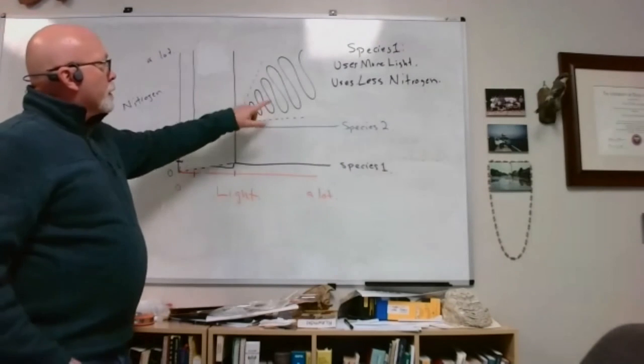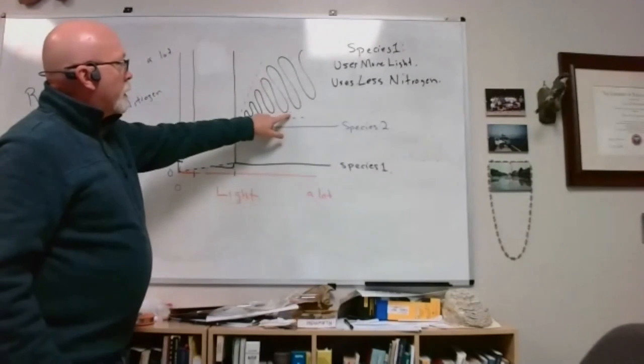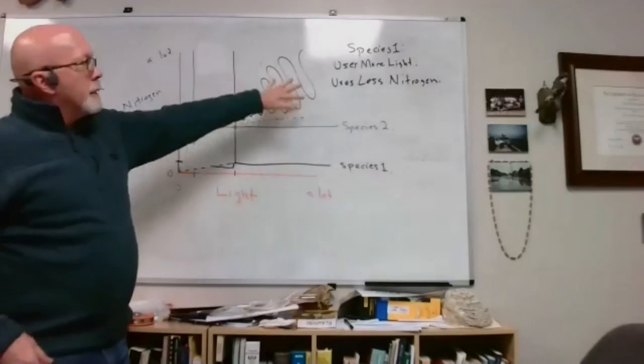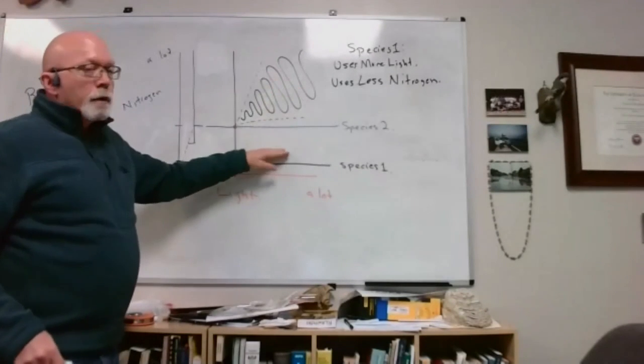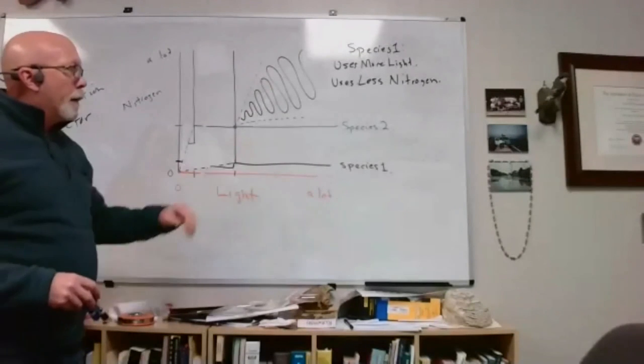Species 2 can coexist when there's more nitrogen than there is light, and species 1 can exist where there's more light than there is nitrogen. But as long as it's inside of this range, they will be able to compete, and they will eventually reach this equilibrium point.